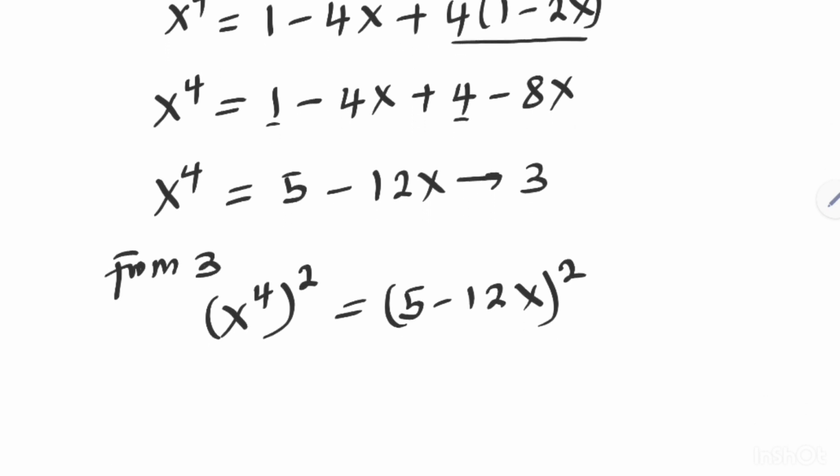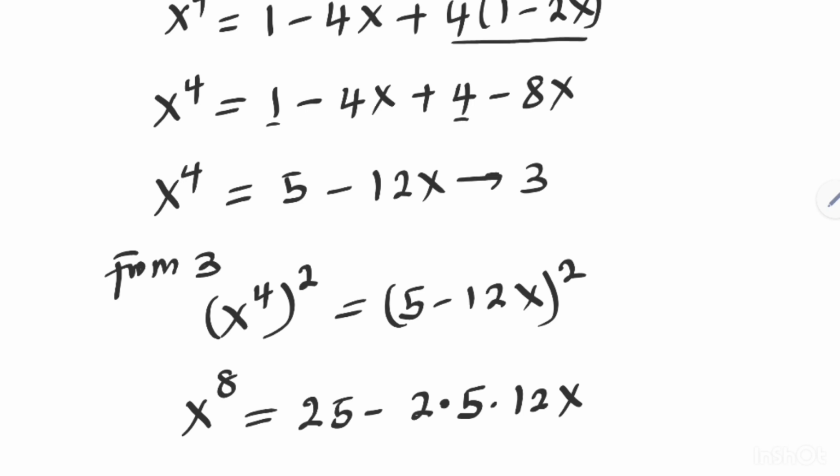This is the same thing as x raised to power 4 times 2, that is 8, is equal to, if you expand this, 25 minus 2 multiplied by 5 multiplied by 12x plus 12x all squared.